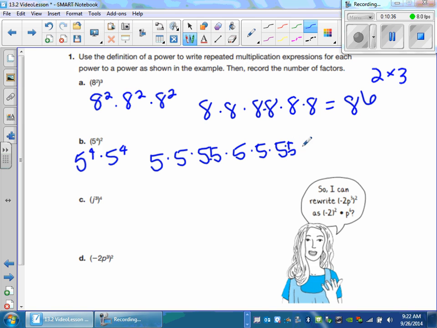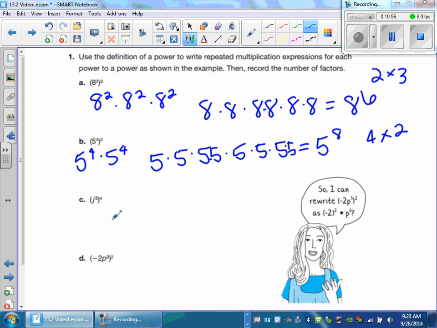Mine are getting real squished here. If you count them all up, I end up with 1, 2, 3, 4, 5, 6, 7, 8, or 5 to the 8th power. And again, hopefully you notice that instead of adding 4 plus 2 to get 6, this time we took 4 times 2 to get 8.